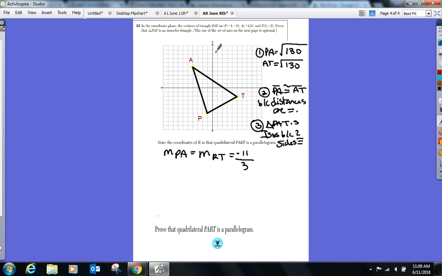So go right ahead, and then you let me know where you end up, where point R should be. New point R? 2, 9. There it is, 2, 9.